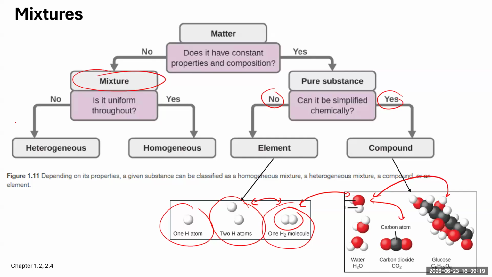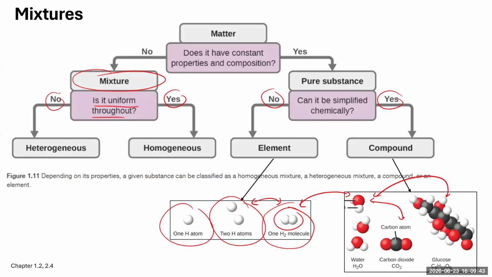Now, if you're looking at it, is it uniform throughout? Meaning, does it look like one thing? If it looks like one thing, it's called homogeneous. And if it looks like two or more different things, that's heterogeneous.